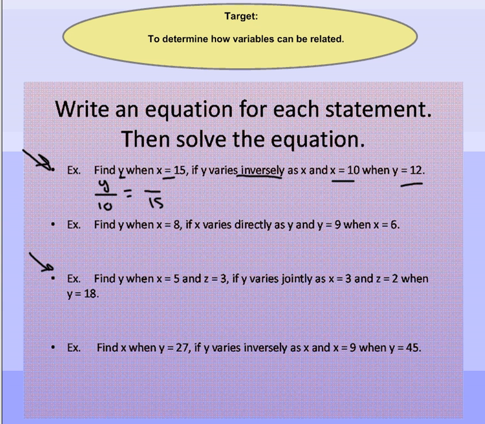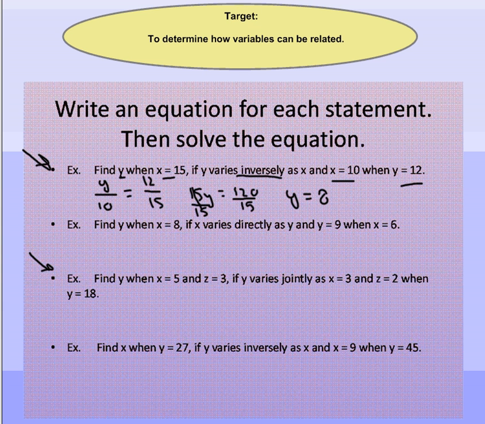Those need to go on another cross. It's always x on the bottom, y on the top. Okay, we can cross multiply and solve here. We get 15y equals 120. We can divide both sides by 15. And we get y equals 8.